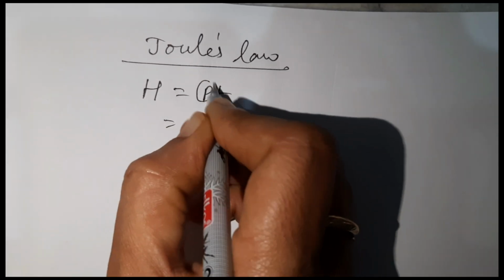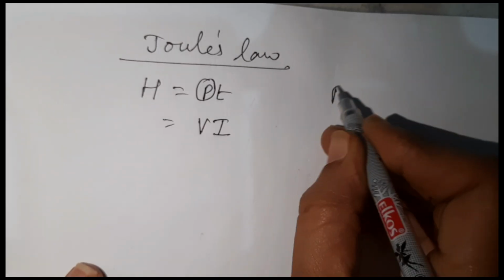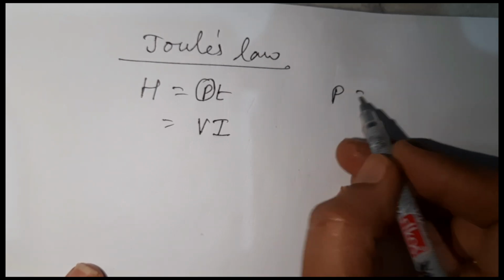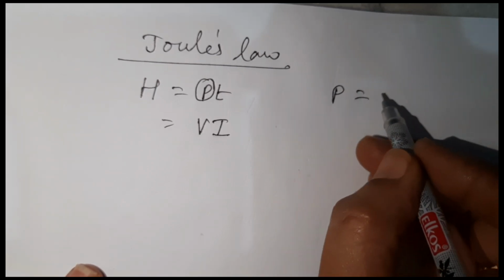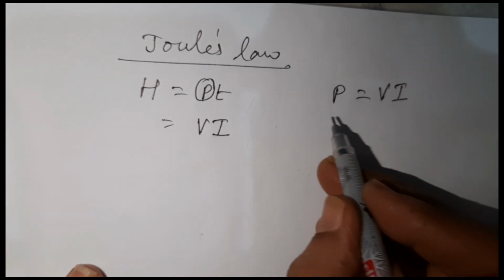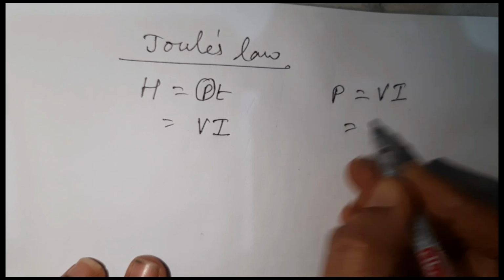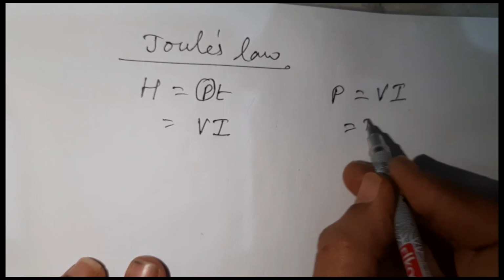Now what is power? Power is very important. I forgot to tell you about the power concept. Power is the product of potential difference and current, VI. V according to Ohm's law is IR.